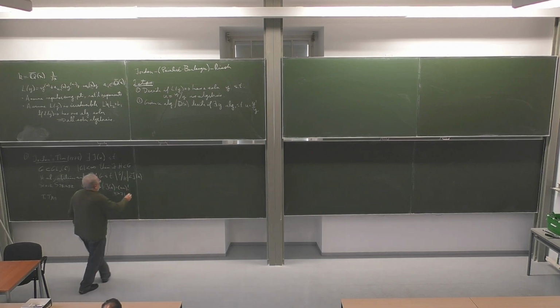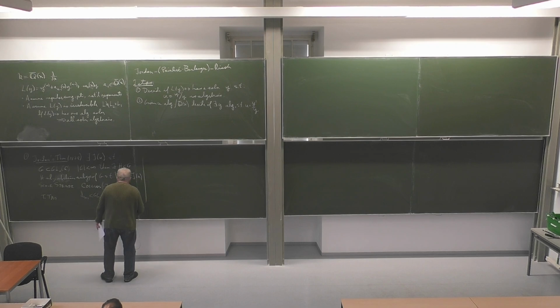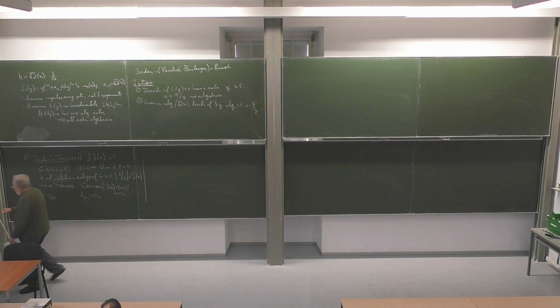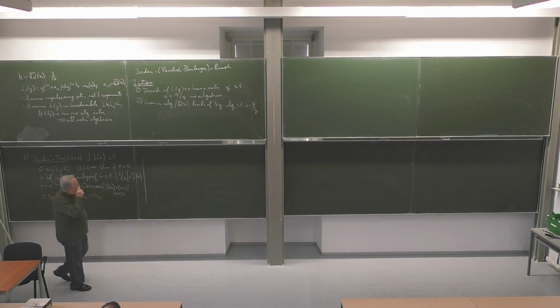So I'm not going to need the full strength of this theorem. I'm not going to need the fact that things are normal. All I want is an abelian subgroup.